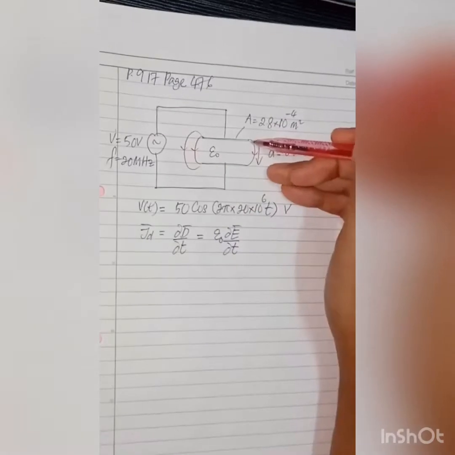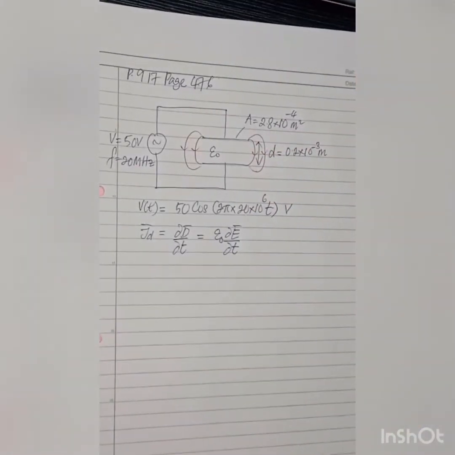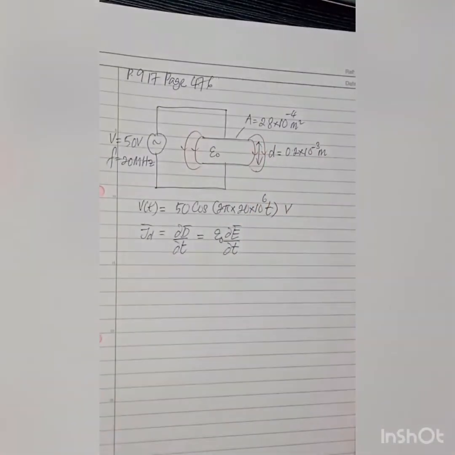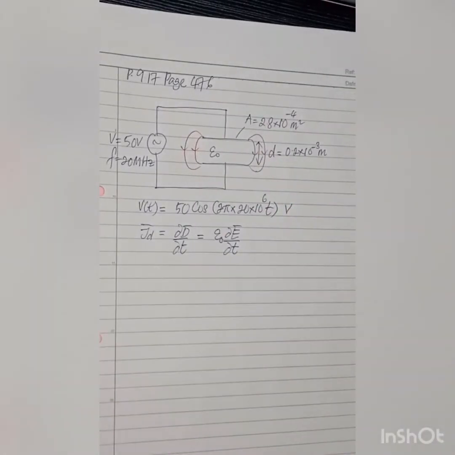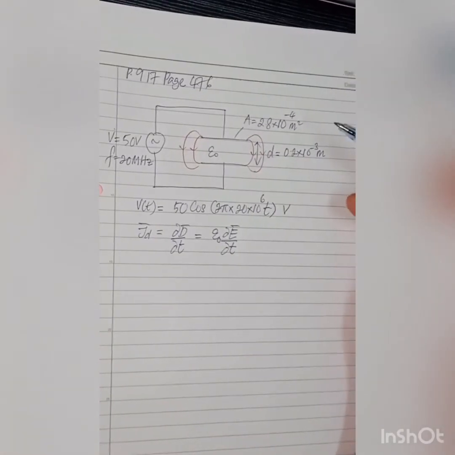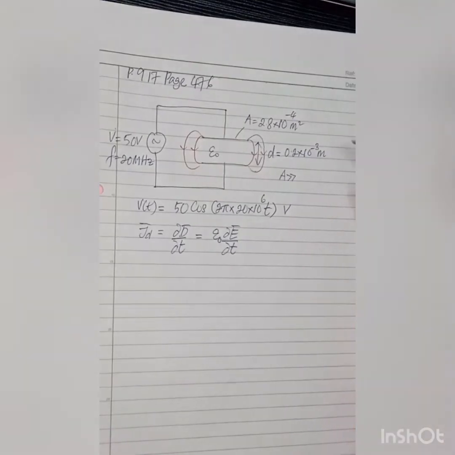However, if we use a very large area of plate compared to the distance of separation, we will not see this effect quite significantly, so we can simply ignore it. That is only applicable when we use an area of plate that is much larger than the distance of separation.